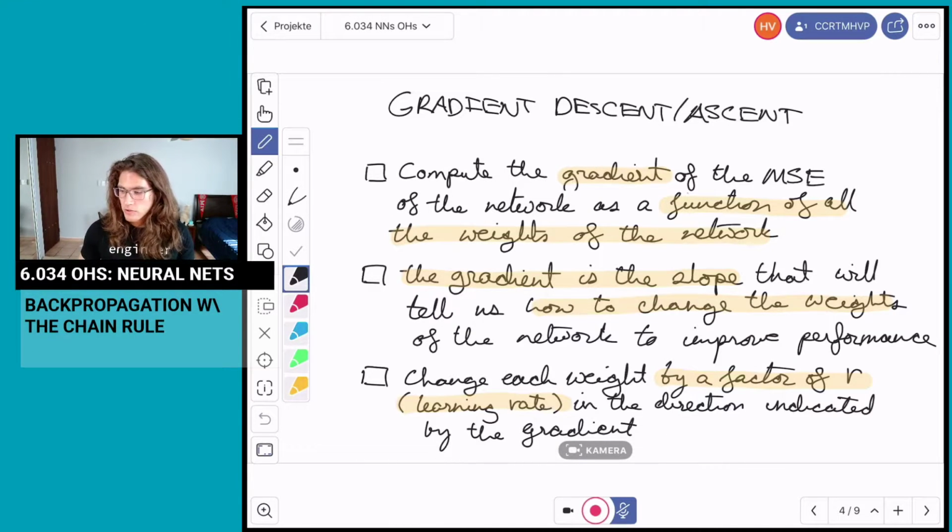And then in order to use the mean squared error, we compute the gradient of it with respect to the weights of the neural network, and that gradient is the slope, or basically the direction in which we need to move the weights for us to improve performance of the neural network.